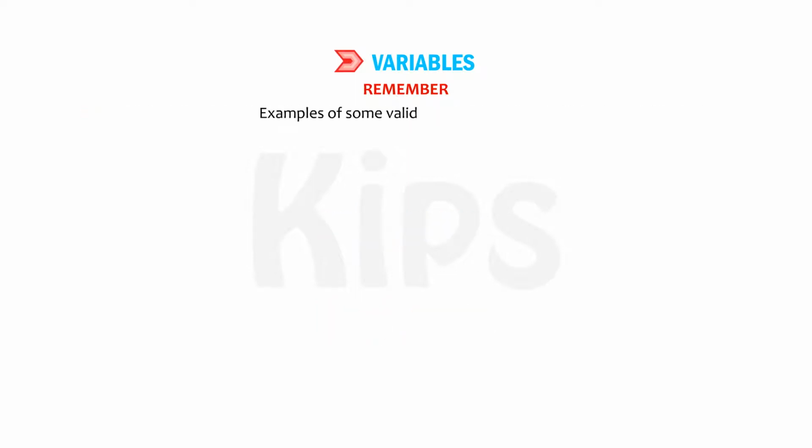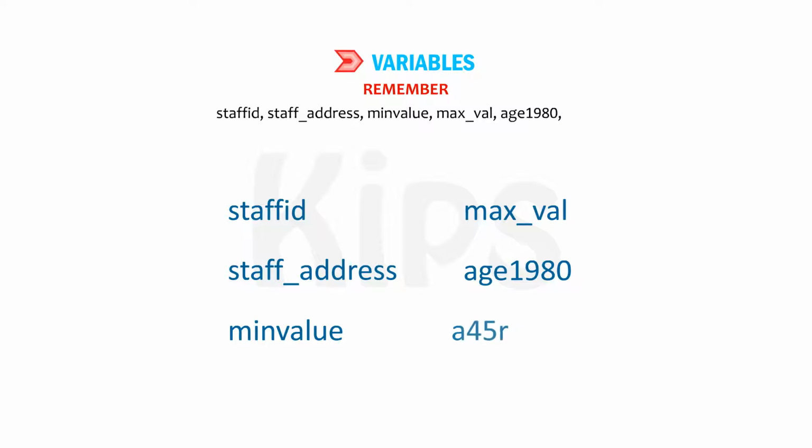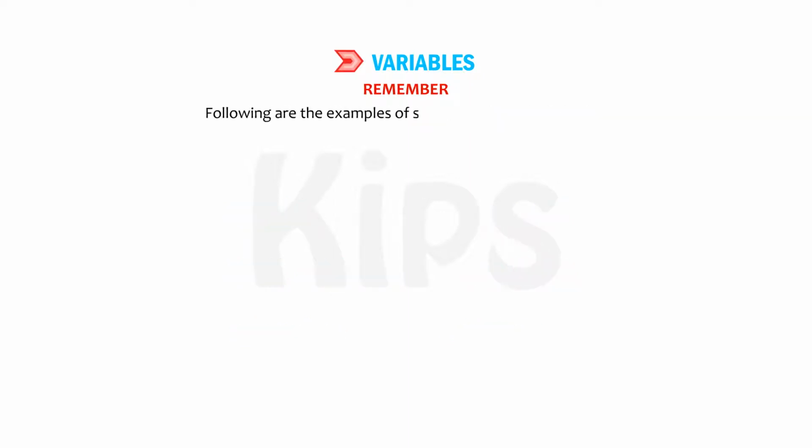Examples of some valid variable names are Stafford, staff_address, min_value, max_value, age1980, a45R. Following are the examples of some invalid variable names.